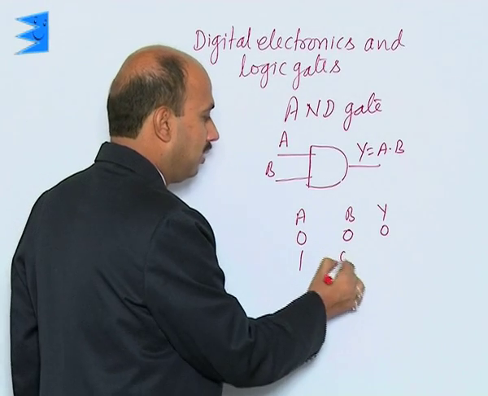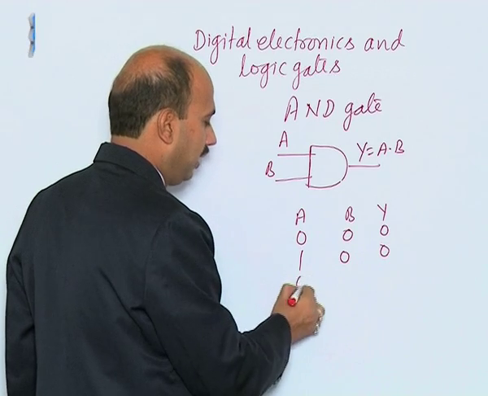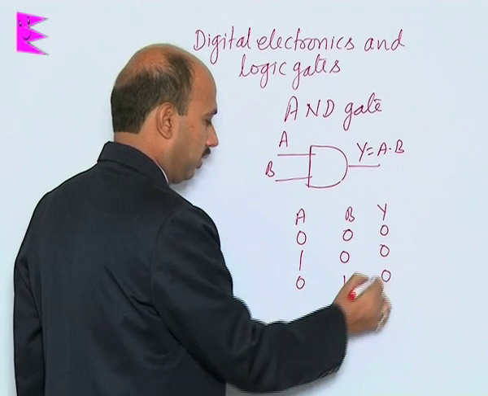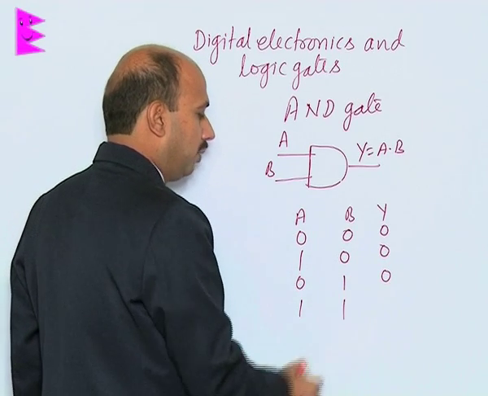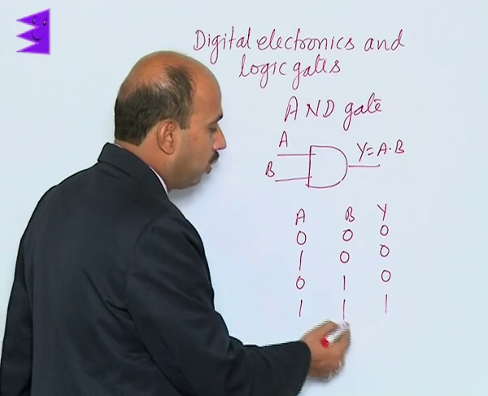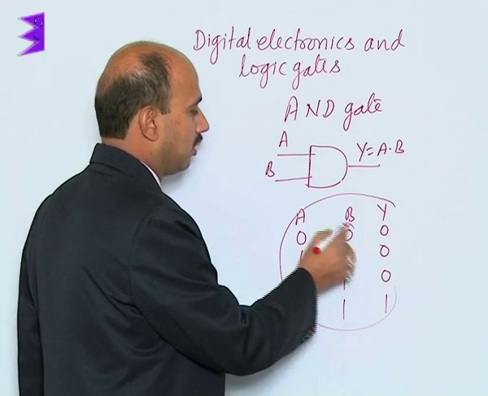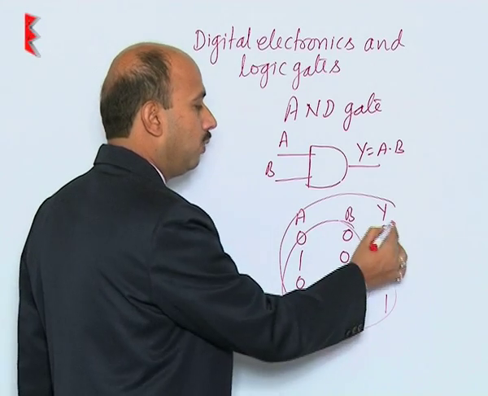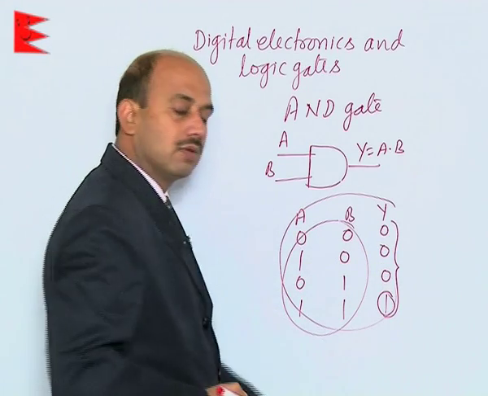A is 1, B is 0, output is 0, and A is 0, B is 1, output is 0. A is 1, B is 1, and output is 1. So in this logic gate, these are the 4 possible values, and we are getting output only in one case.